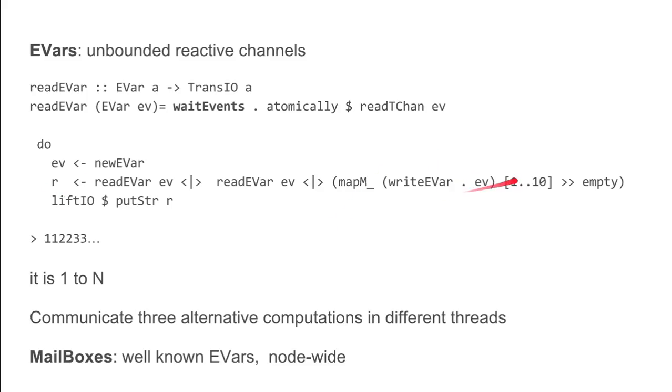If we write 10 times to the evar, both reading evars will be activated and will return one thread for each value. So those will be 10 threads or 20 threads, because there are 2 readers, each will execute this.